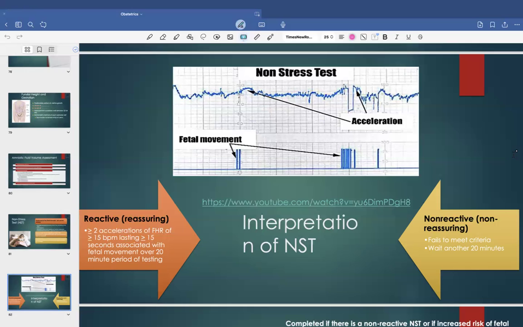If they don't meet that criteria, wait 20 minutes and do it again. Again, we're going to talk about this in detail so you understand it. You can see examples, strips and everything as we get to the last 2 days. Okay, I don't know if we'll get to it Tuesday, but maybe Thursday for sure. It is part of the lecture.